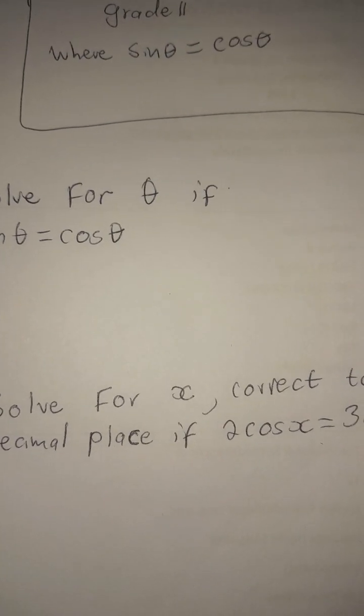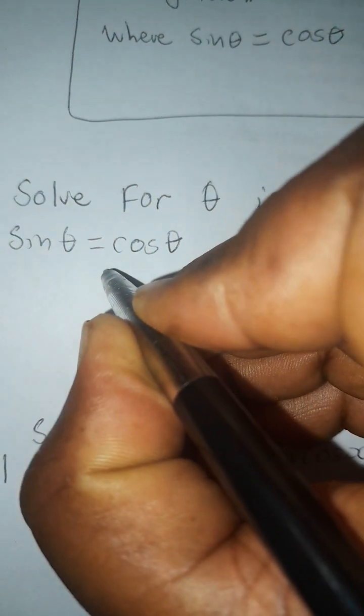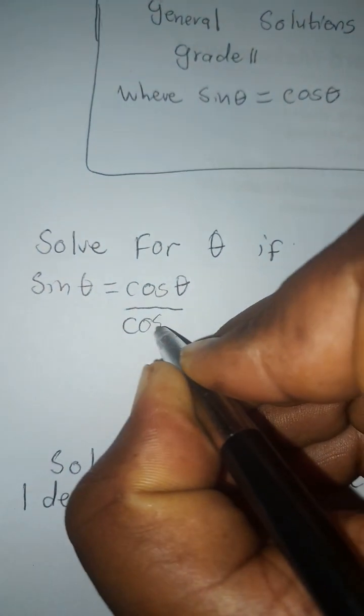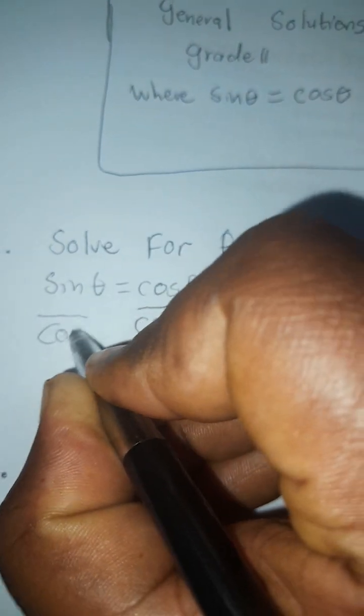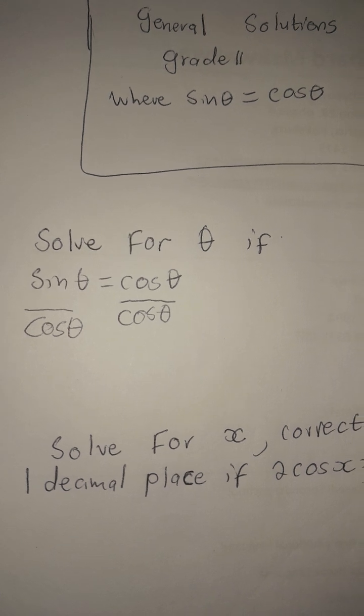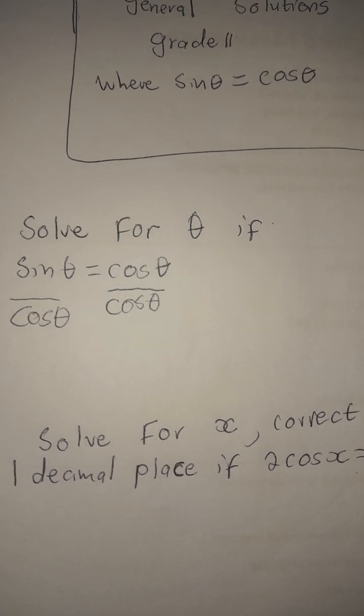So both sides will be divided by cos. So I'll say cos theta divided by cos theta. That's what Mr. Richard will do in this case.